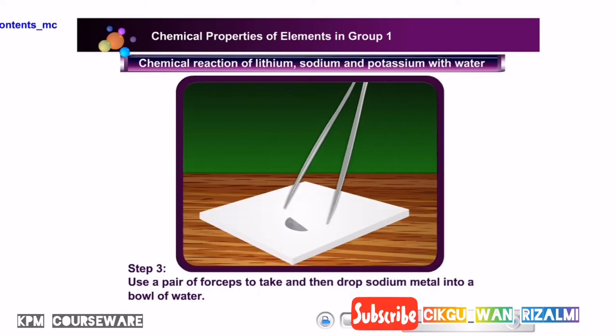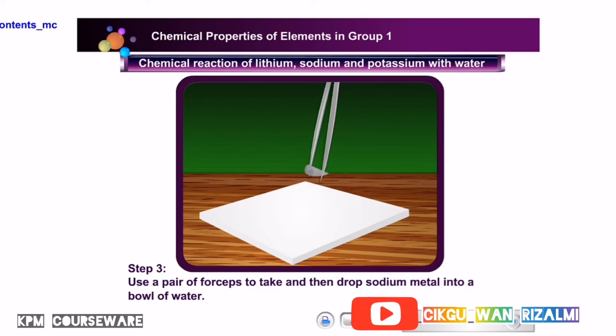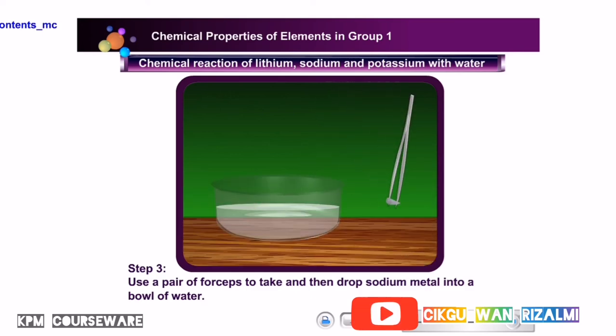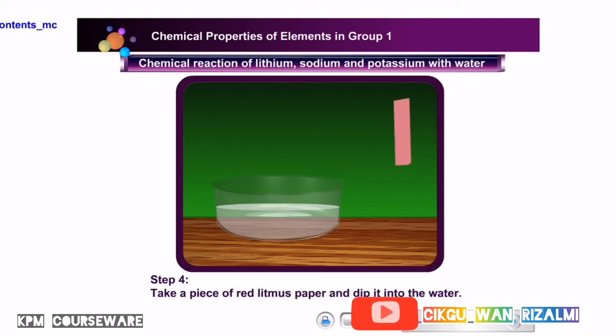Now, use a pair of forceps to drop sodium into the bowl of water. Take a piece of red litmus paper and dip it into the water. Write your observation in the table.